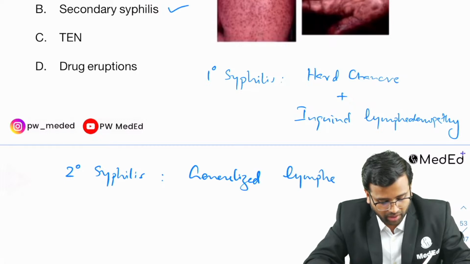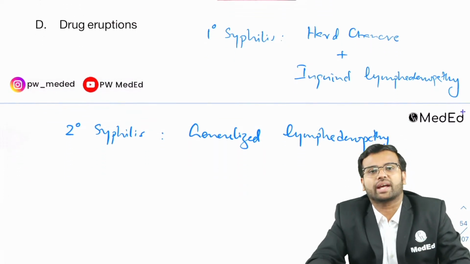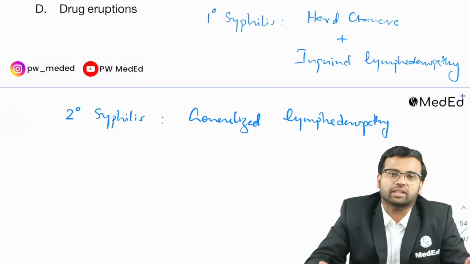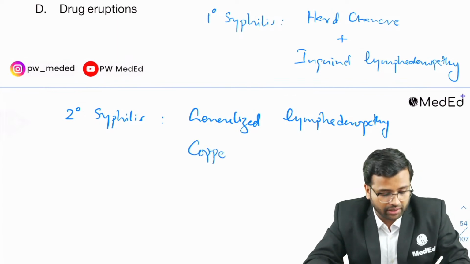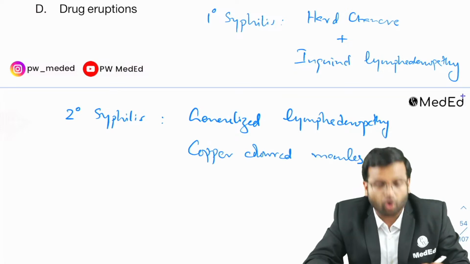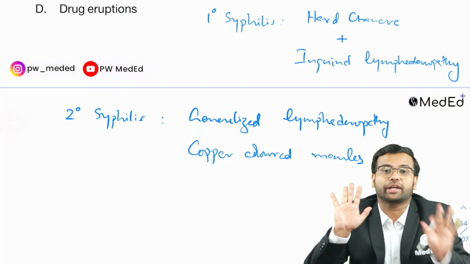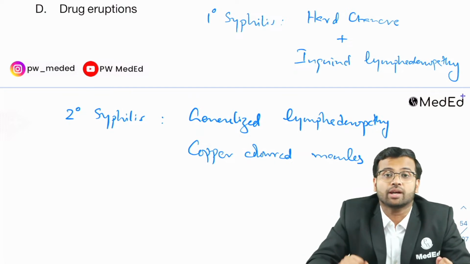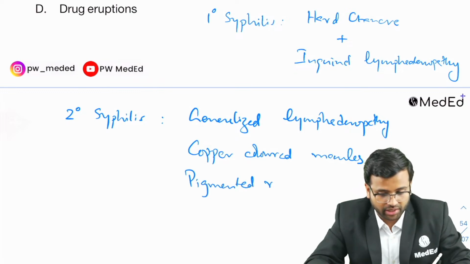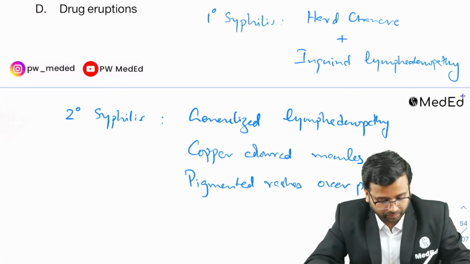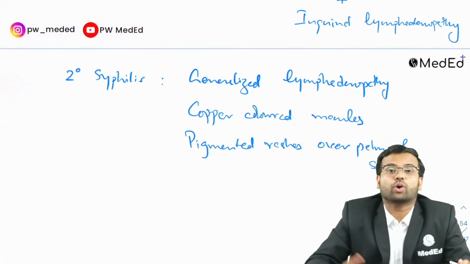Along with this generalized lymphadenopathy, there are multiple other lesions that can be seen, and one of these lesions is copper colored macules over the trunk, and also pigmented rashes that you can see over the palms and soles. So all these can be seen.